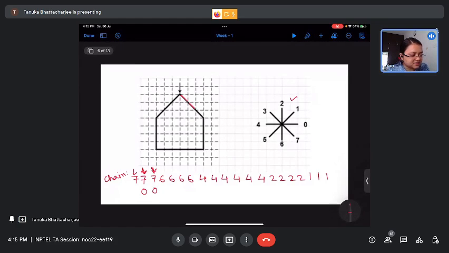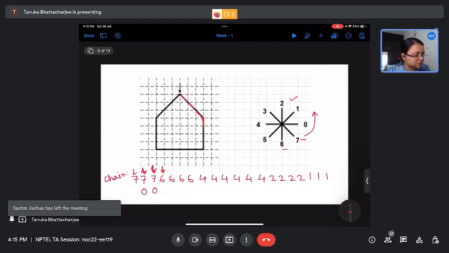Now we are at this 7, and we will next go to direction 6. That is, we are now in this segment, we will need to go to this segment. So here you have 7 and here you have 6. So you will have to go in the anti-clockwise direction, like this.